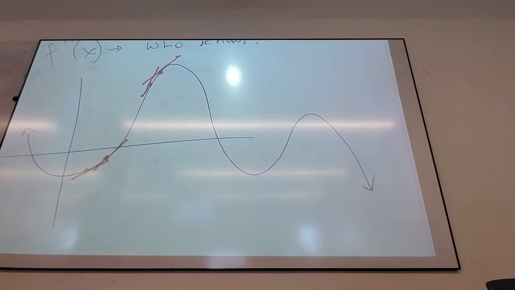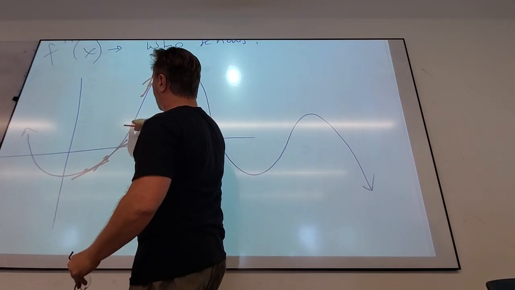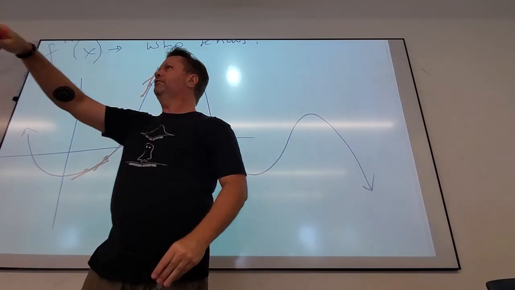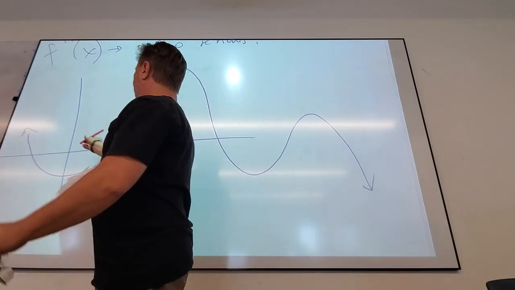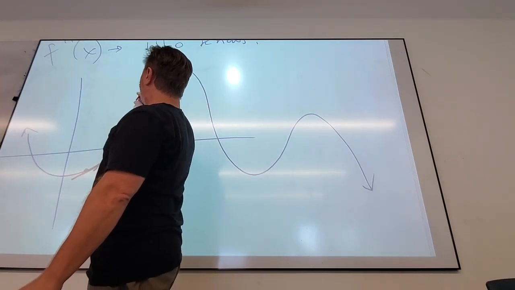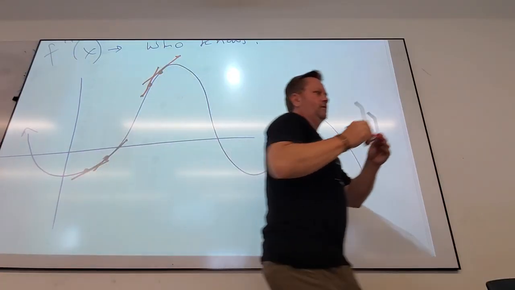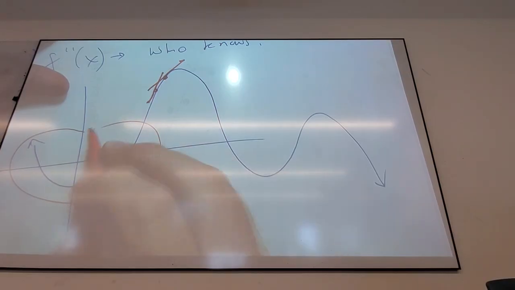Do you all agree that somewhere in here it went from increasing slope to decreasing slope? Yeah. Somewhere in here it is the most positive slope for that area. Yes? So, do you agree? This whole region, you ready?